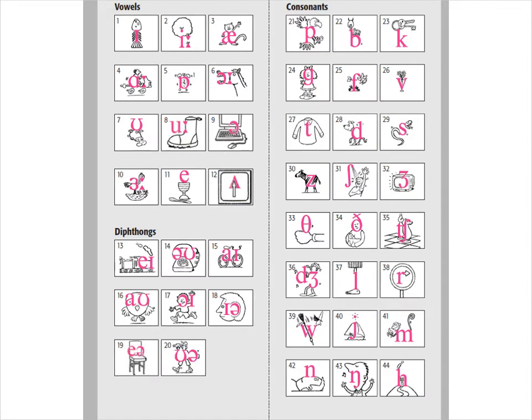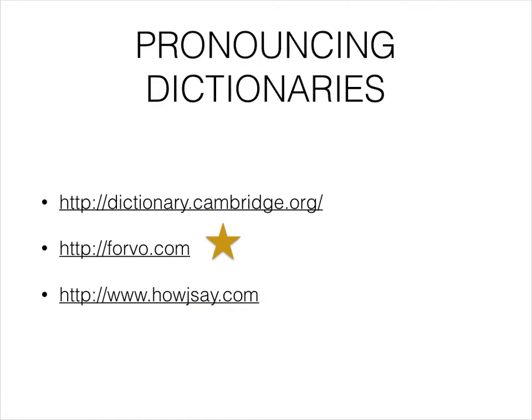The sound is the one you have in nose. So they use these pictures to try and help you memorize what you're pronouncing.